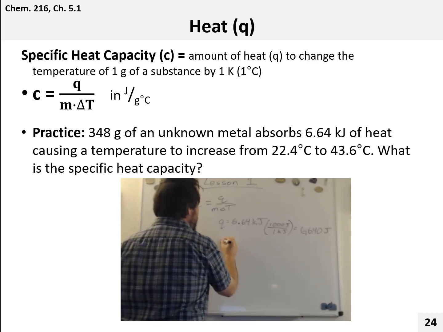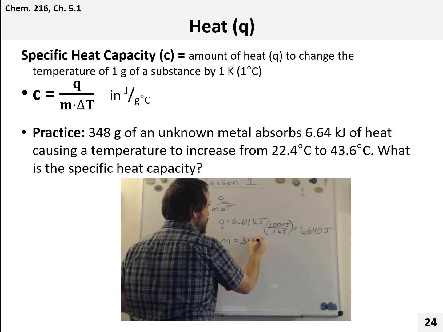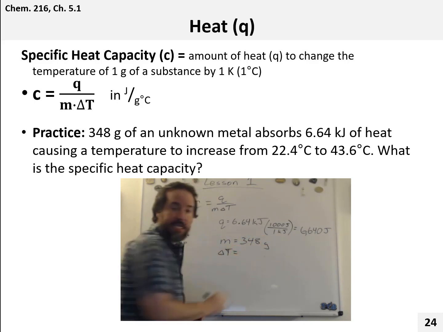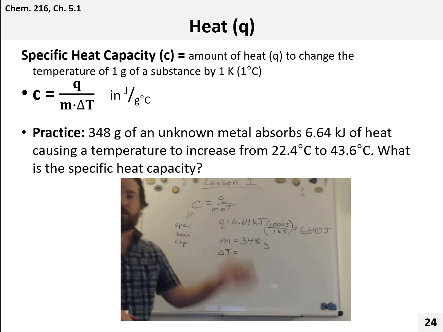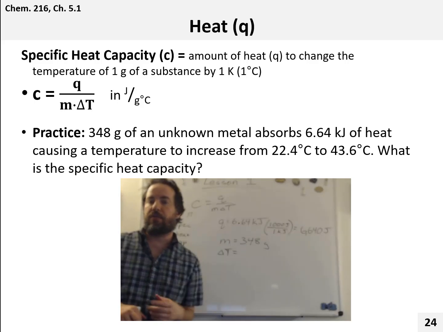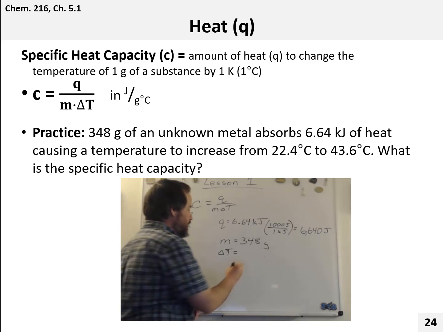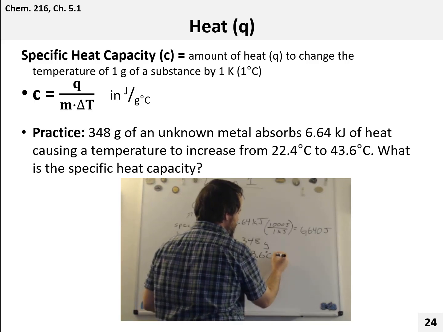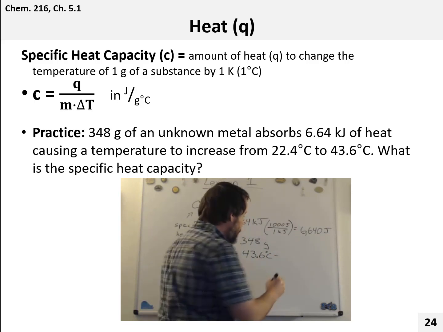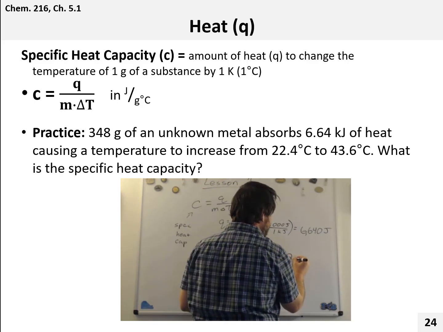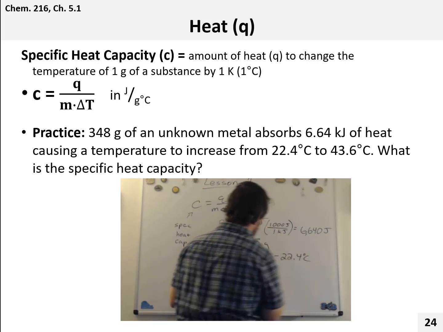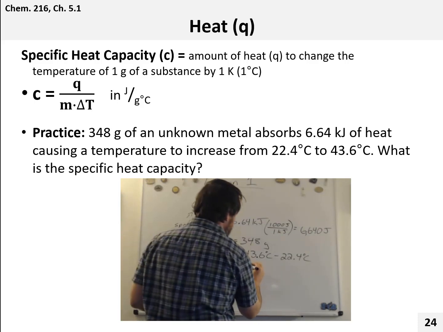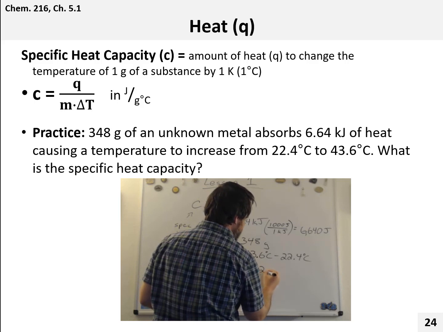My mass is 348 grams. And then my delta T, well, it says it's from 22.4 to 43.6 degrees C. That's 43.6 degrees C minus 22.4 degrees C. That's going to be 21.2 degrees C.